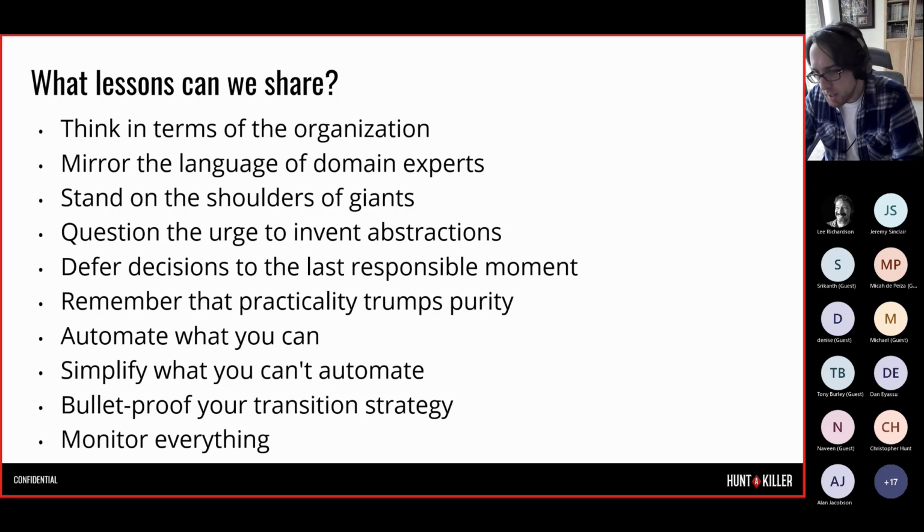Taking a completely other direction now, one of the other lessons that we've learned is automate what you can.